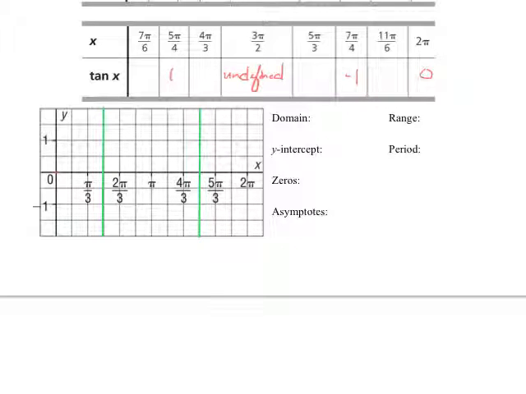But I have a point here, and then halfway in between here will be where pi by 4 is. And then here I have another x-intercept. There I'm at 1, and here I'm at -1. There I have an x-intercept, and here I'll be at -1.